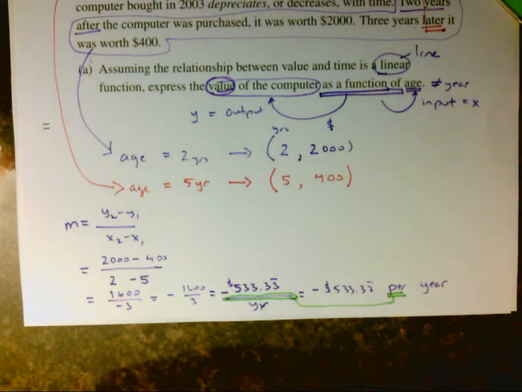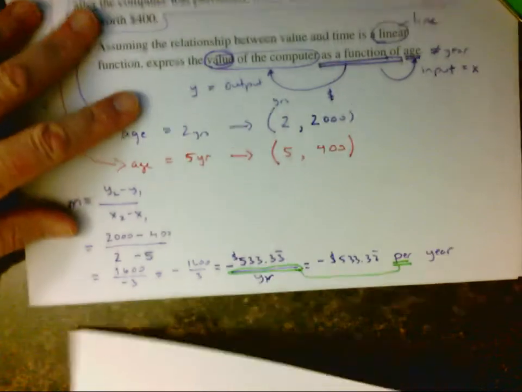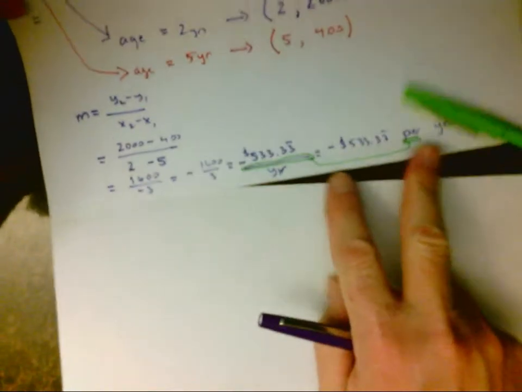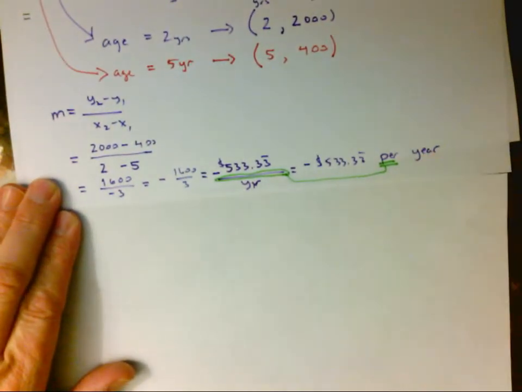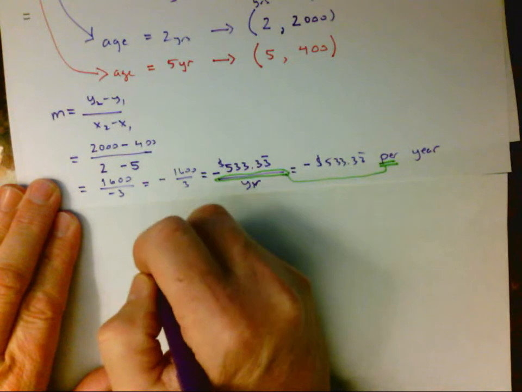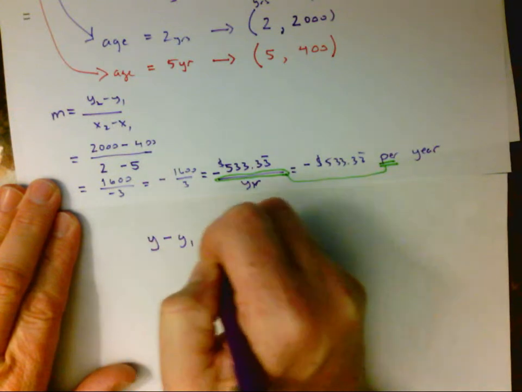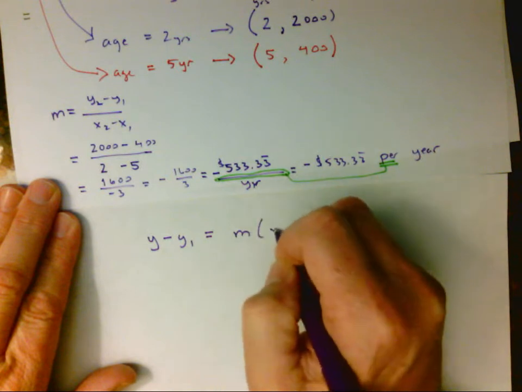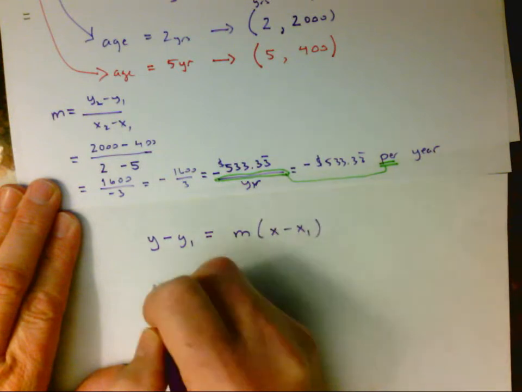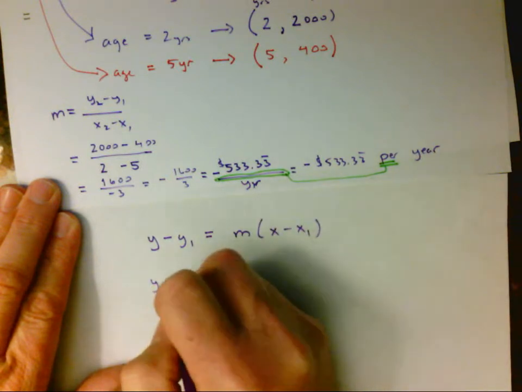And we have to go to another piece of paper so that we don't squish this stuff too badly. I want to finish up getting the equation of the line here. We've got the slope. So y minus y1 equals m times x minus x1.